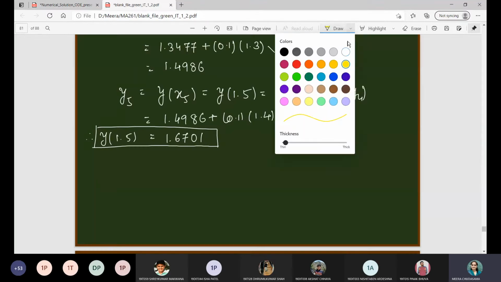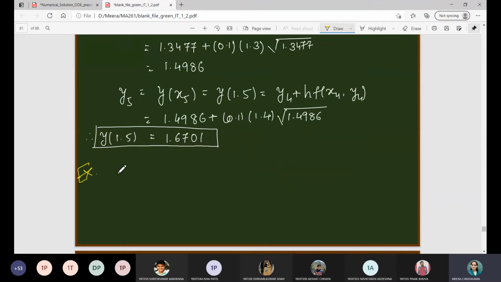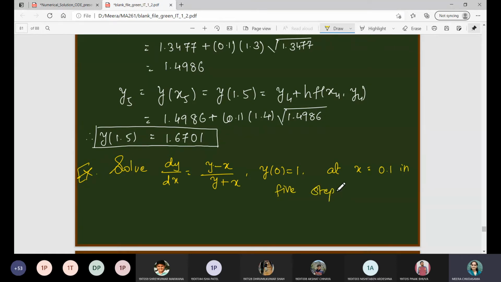So let me consider it first. Solve dy by dx is equal to y minus x upon y plus x, y of 0 is 1, and find the solution at x is equal to 0.1 in 5 steps, right?